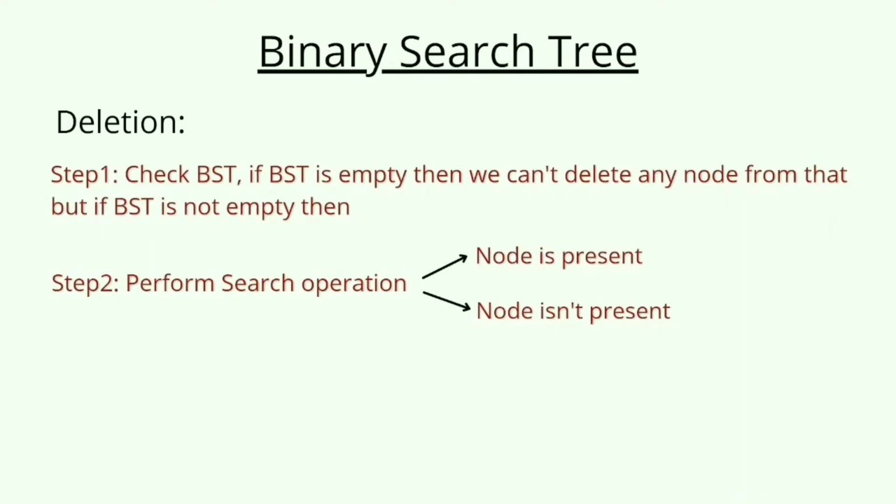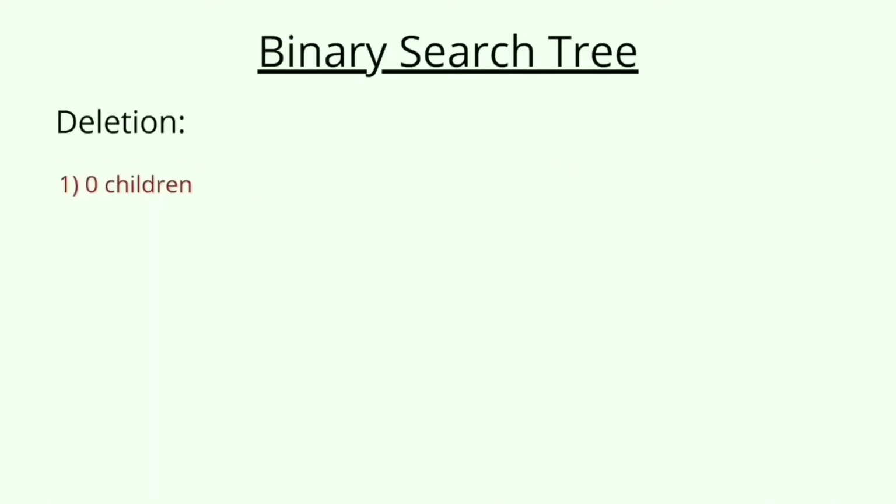So if the node is present, then we will delete that node, or else we will print that the node is not present. But while deleting, we may face three situations, and that situation is node with 0 children, second is node with 1 children, and the third is node with 2 children.